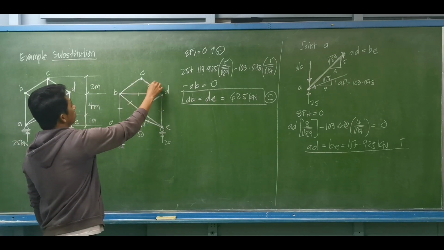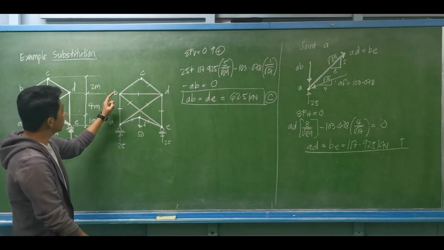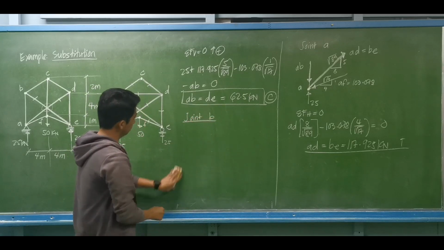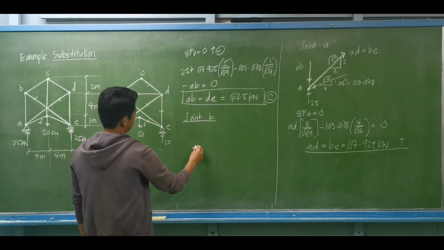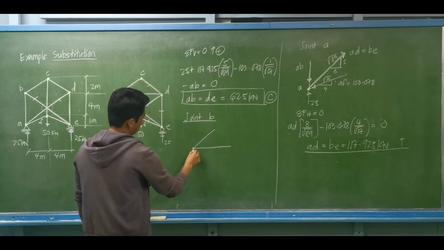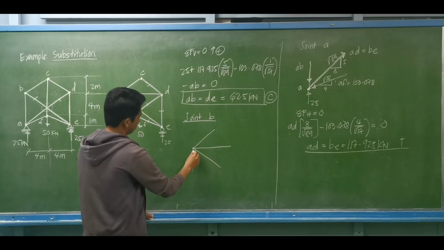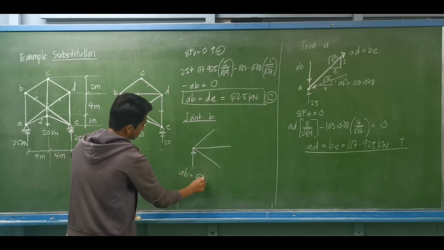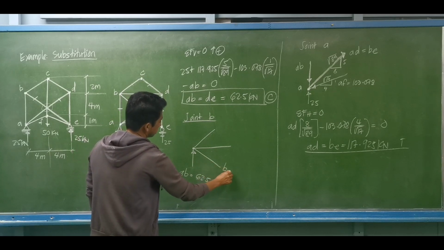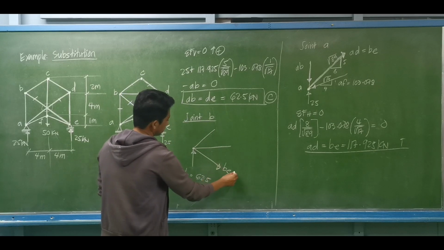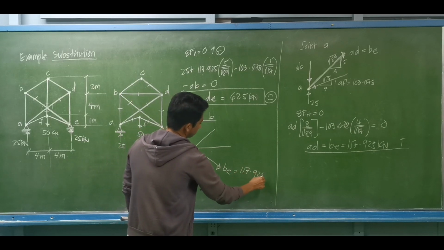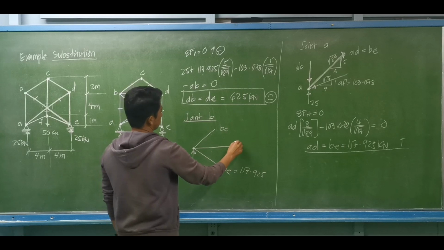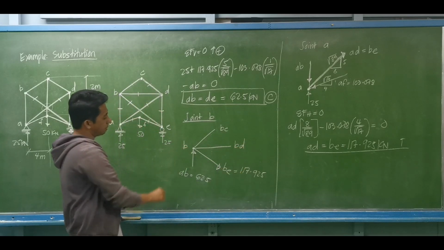Okay, so last three, BC, CD, and BD. So we may proceed at joint B. Okay, so this is at joint B. We have the members AB.